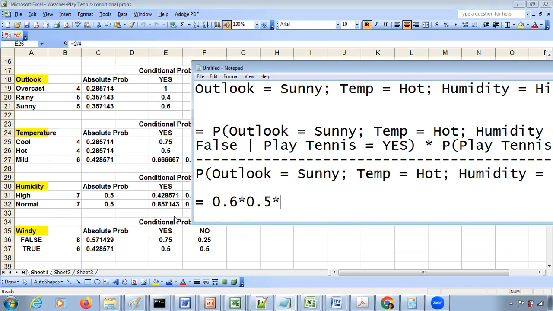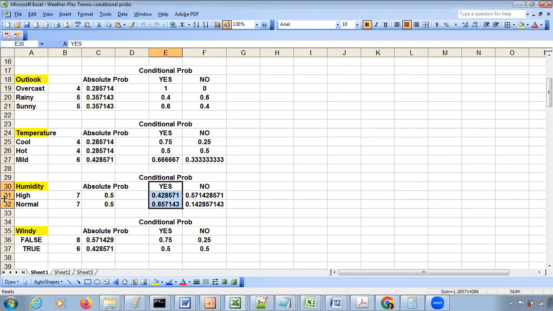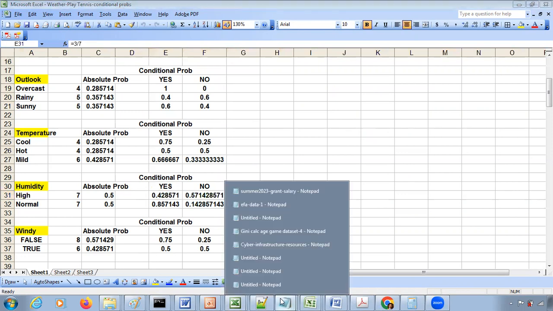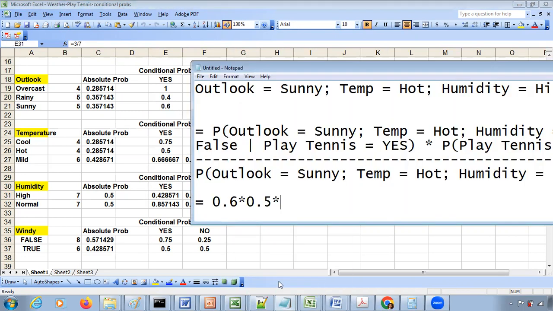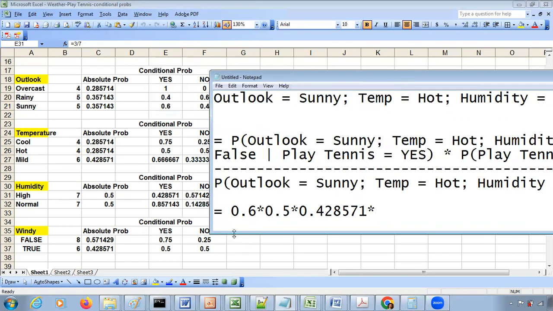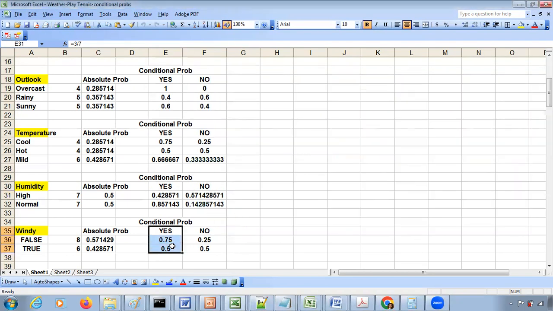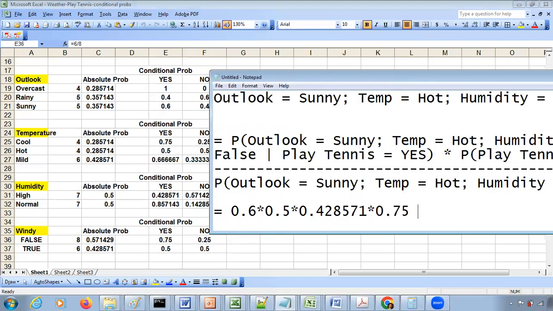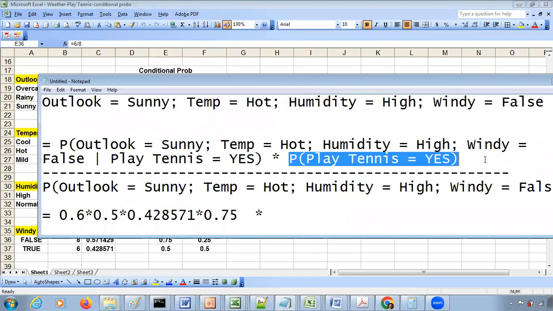Humidity is high when class is yes. Humidity is high is here, so that's 0.428571, times windy equals false, and class is yes. Windy equals false is going to be 0.75. So those are the conditional probabilities, times the unconditional probability for playing tennis equals yes.